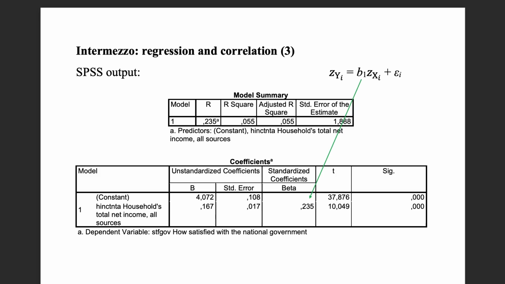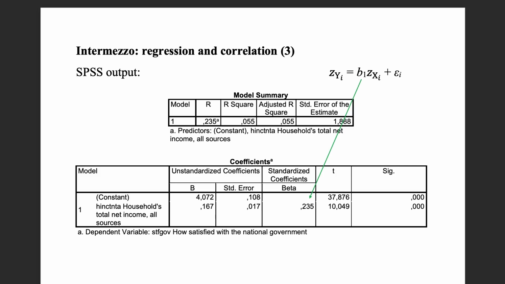For every one standard deviation increase in the independent variable, the predicted value on the dependent variable is going to increase by that many standard deviations, that many being the value of the beta coefficient. So again, for every one standard deviation increase in household income, the predicted value on satisfaction with the national government is going to increase by 0.235 standard deviations, which is exactly identical to the correlation coefficient.